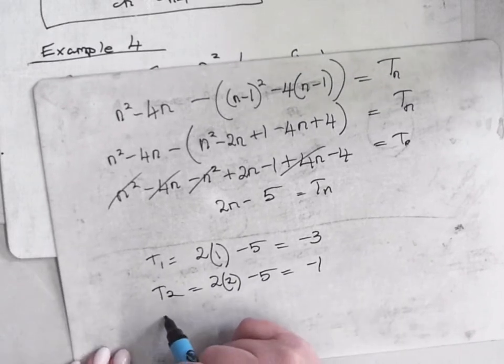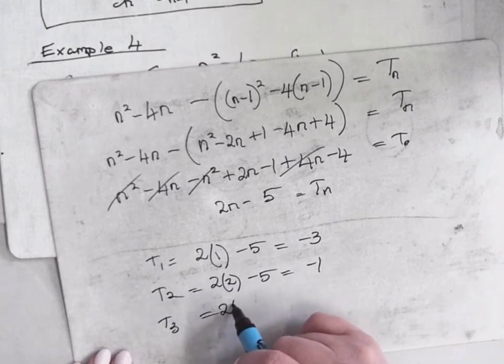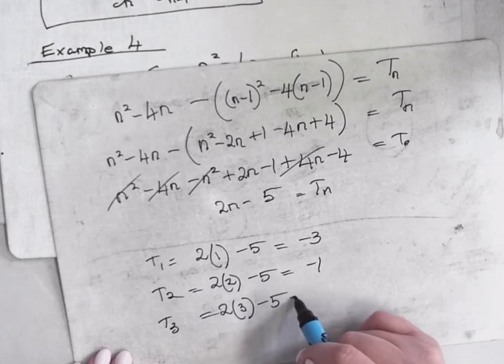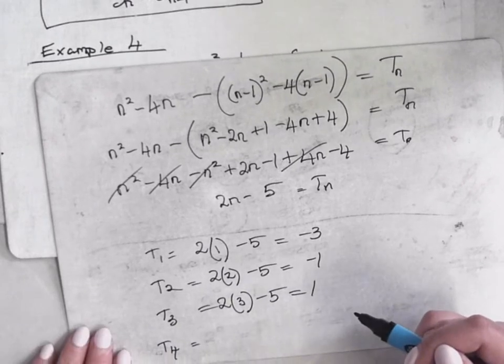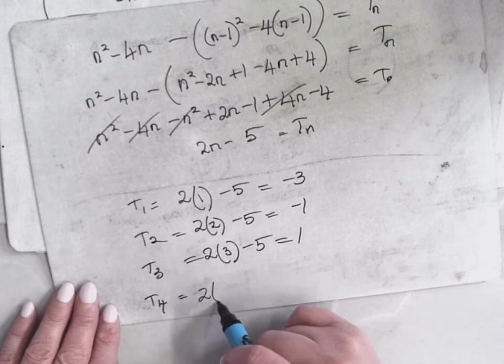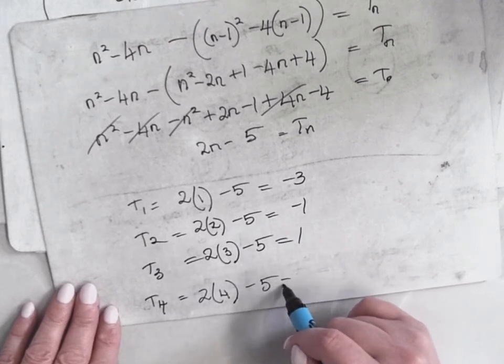Term number 3 would be 2 times 3 minus 5, which will give me 1. And I'll just do one more. Term number 4, can I move that up? Are we okay? Is 2 times 4 minus 5, which would be 3.